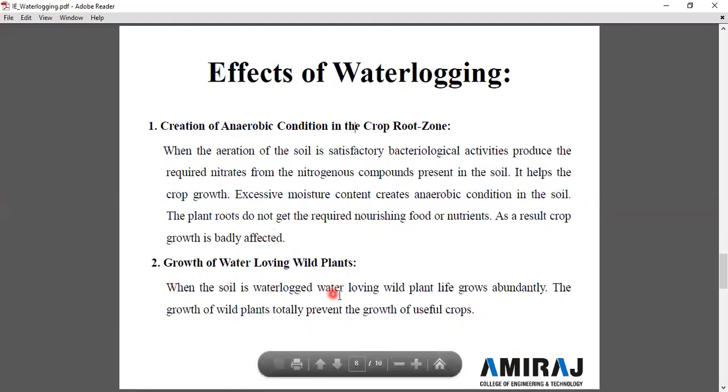Growth of water loving wild plants. When the soil is waterlogged, water loving wild plant life grows abundantly. The growth of wild plants totally prevents the growth of the usual plants. As we know, there are kinds of grasses that grow in the monsoon season, so they will consume all the beneficial nutrients from the soil which help the particular crop to grow.